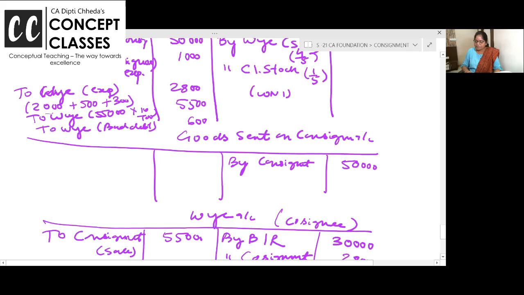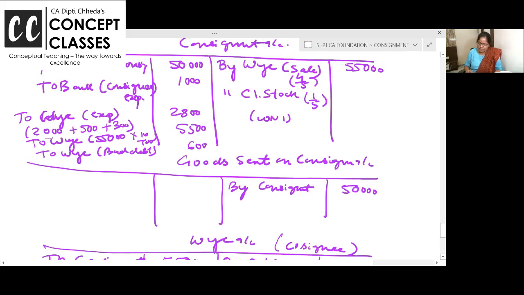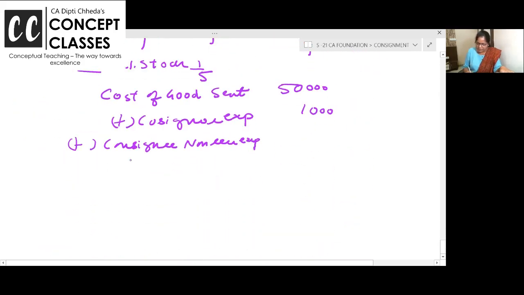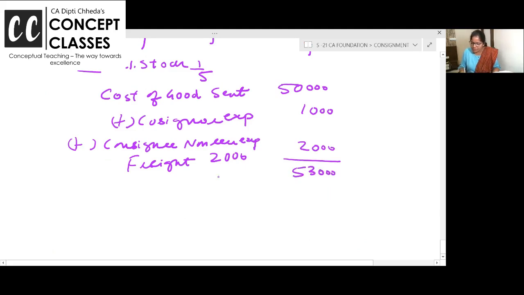See what the consignee's non-recurring expenses are. Consignee incurred 2,000 for freight. Yes, we will take freight 2,000. 500 godown rent, no. 300 insurance, no. Only till the goods reach your godown. So 53,000 is the cost.